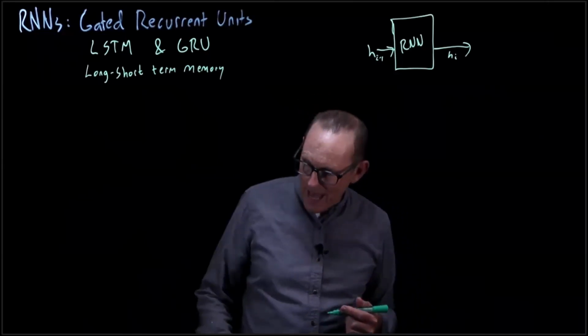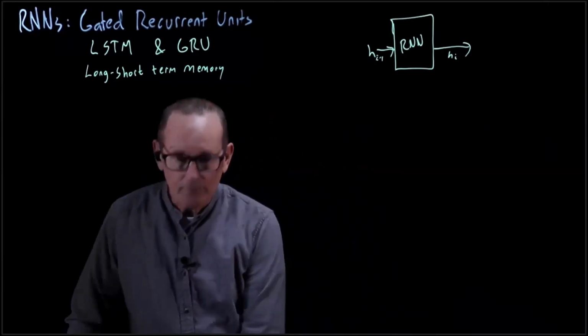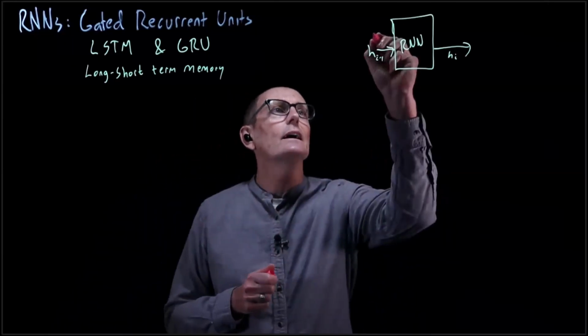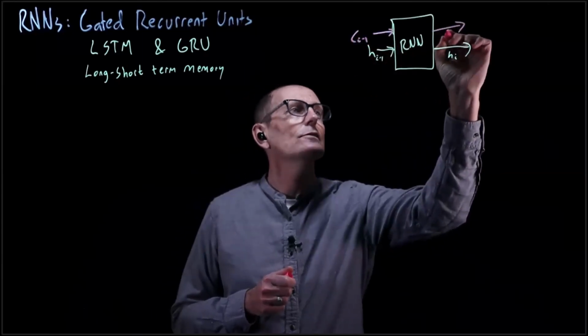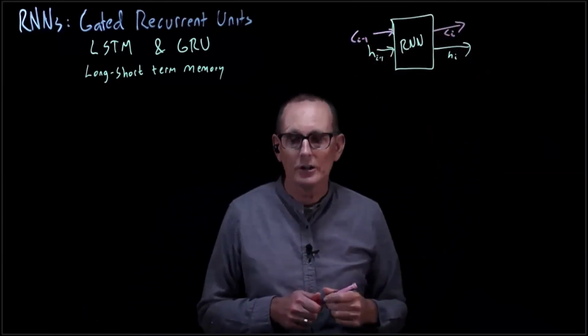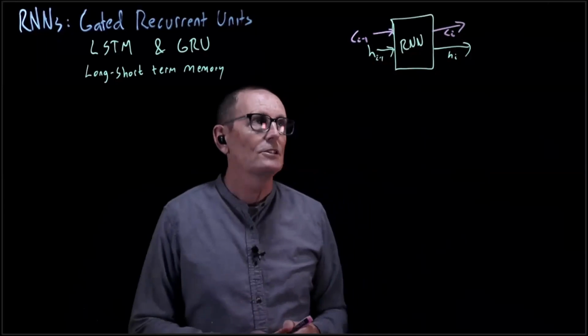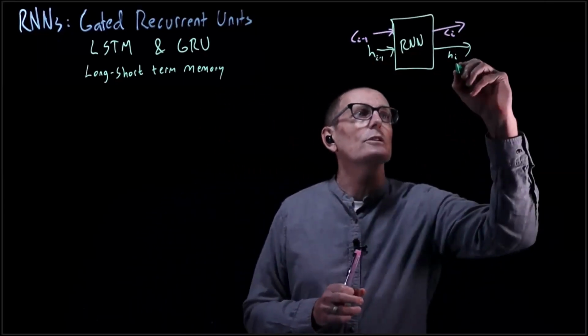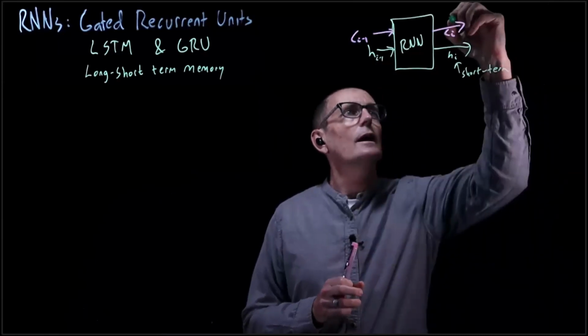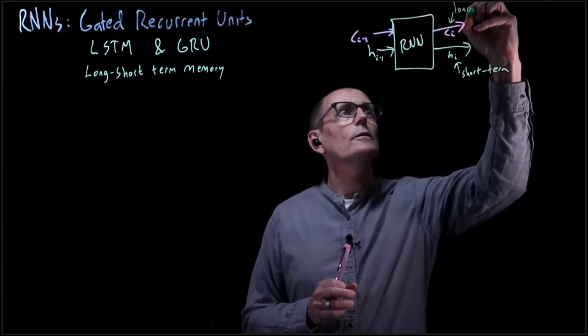What we're going to add in, as well as H, is C. So C is going to be long-term memory, and H is going to be short-term memory. So this guy is going to be short-term, and this guy is going to be long-term.